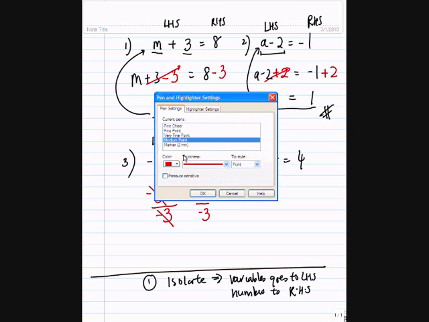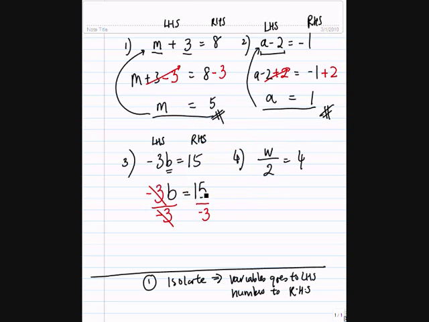So in this case, on the left hand side I would have b, on the right hand side I would have minus 5. Substituting this solution back into the equation minus 3b equals 15, minus 3 times minus 5 gives me 15. So b equals minus 5 is the solution to this equation.